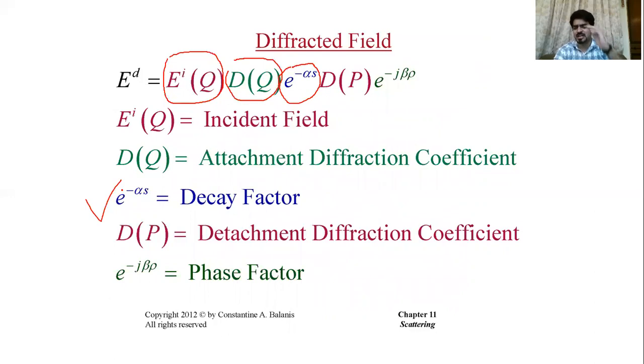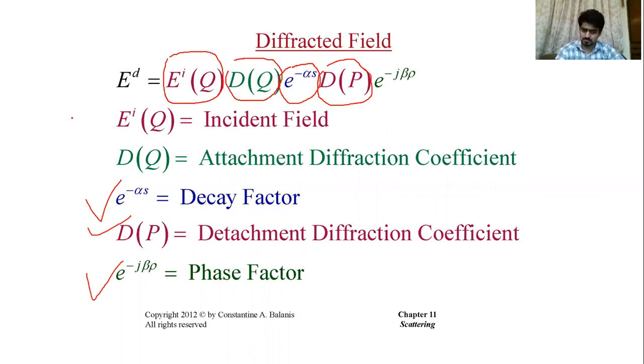So as those creeping waves travel along the surface, they decay and get radiated. That is why e to the power minus alpha s. And again, you will have another diffraction coefficient, the detachment diffraction coefficient at point P, the point of detachment. That is given by capital D at P. And as we know, you will always have a phase factor, that is e to the power minus j beta rho.